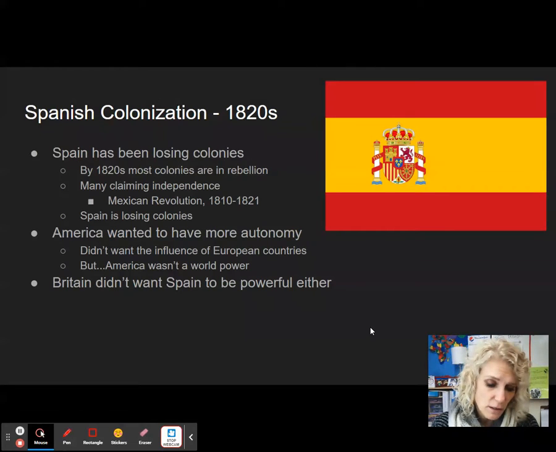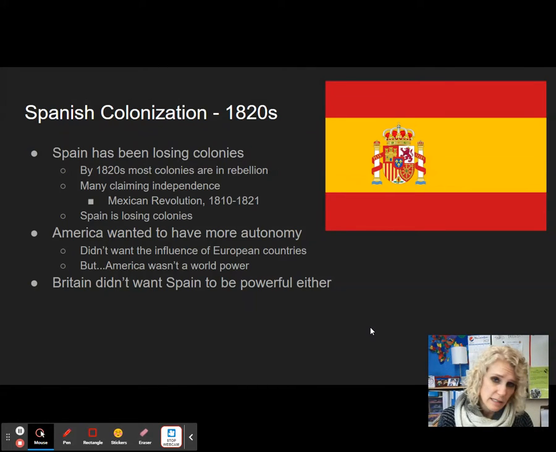However, they were starting to lose their colonies, and specifically an example of that would be the Mexican Revolution. The Mexican Revolution was fought between 1810 and 1821, and they finally won their independence from Spain in 1821. So Spain was losing its colonies and losing its grip on both North America and Latin America.